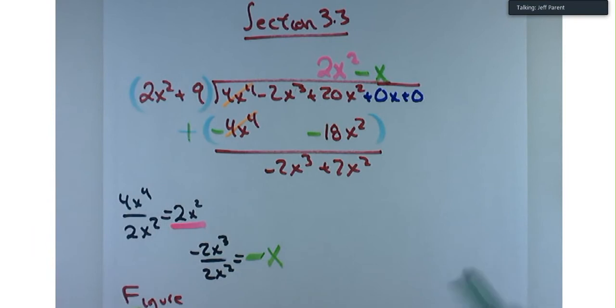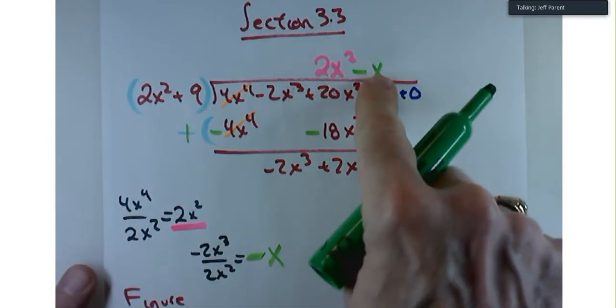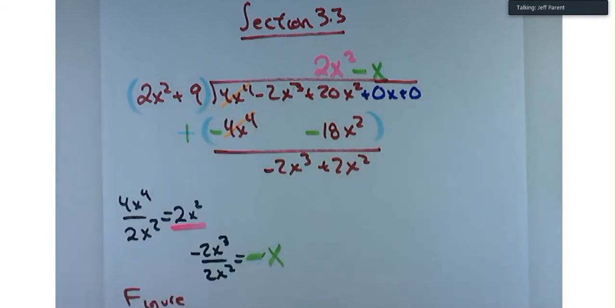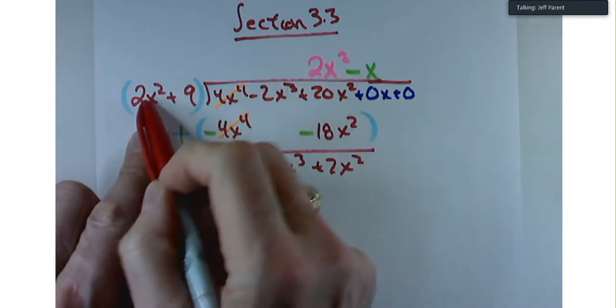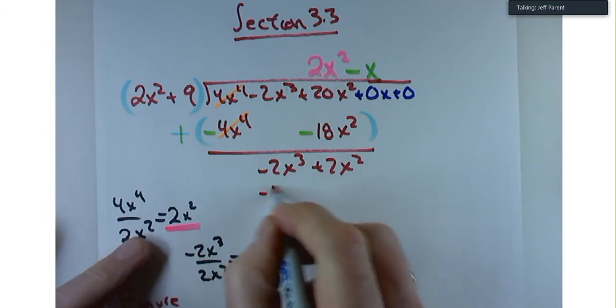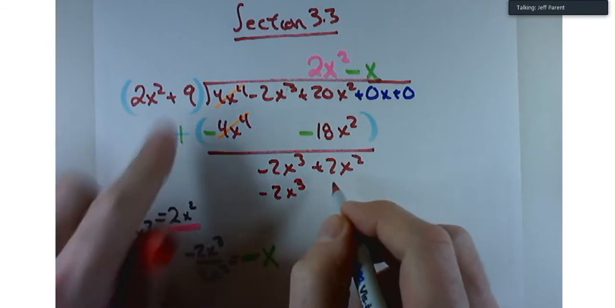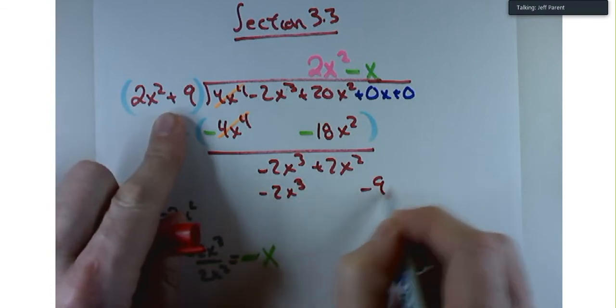Father, mother. That mother step is to multiply. So it's going to be negative x times all that there. And, what's that going to give me? Well, let's see here. Negative times a positive is going to be negative. Negative 2x cubed minus 9x.